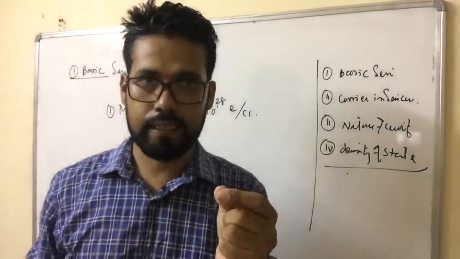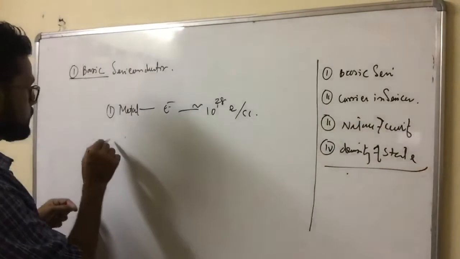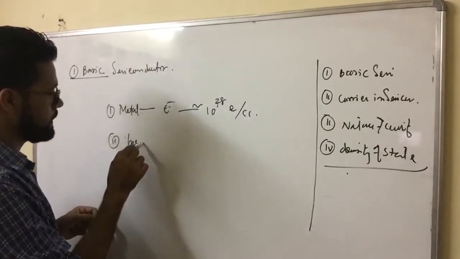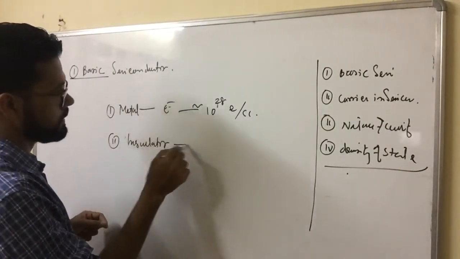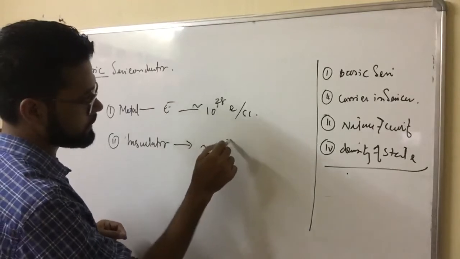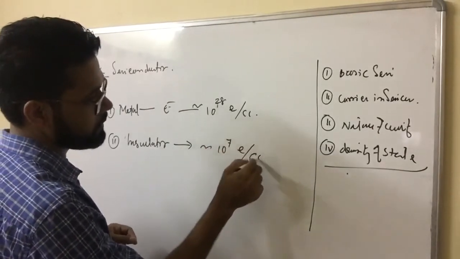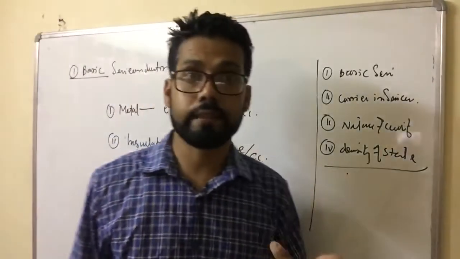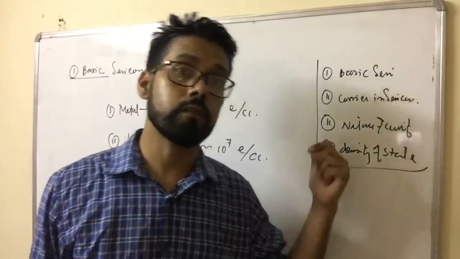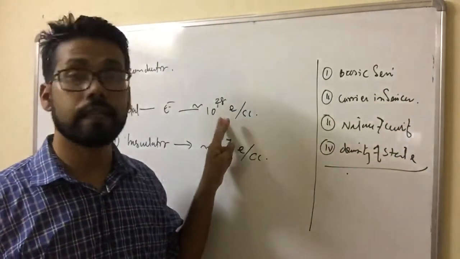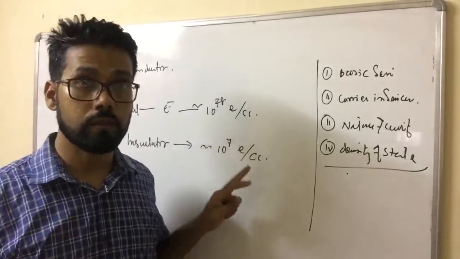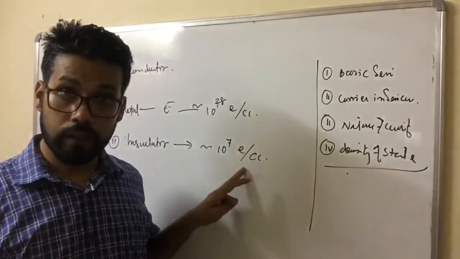But in insulator, approximately 10 to the power 7 electron per cubic centimeter. These are the free electron available in insulator as well as metal. In metal the number of electron is very high as compared to the electron in insulator.